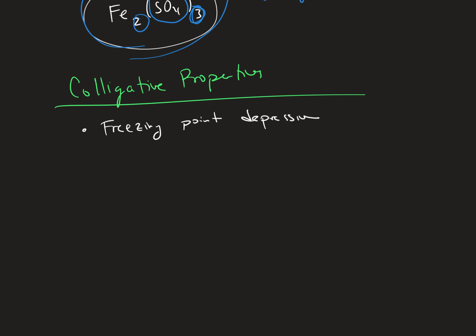We've heard of this one before, maybe not in name, but what do we do in the wintertime? We throw salt on the ice, right? How does it melt it? Lowering the freezing point. Freezing point of water is 0 degrees Celsius at sea level. If we put salt on it, it makes it like -2 degrees Celsius, for example.